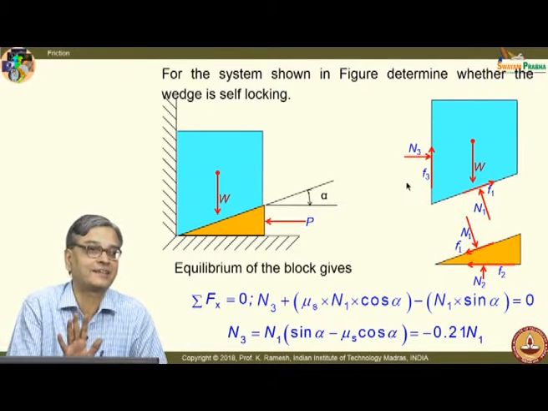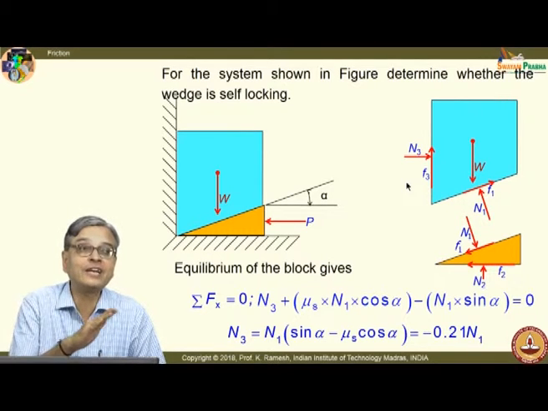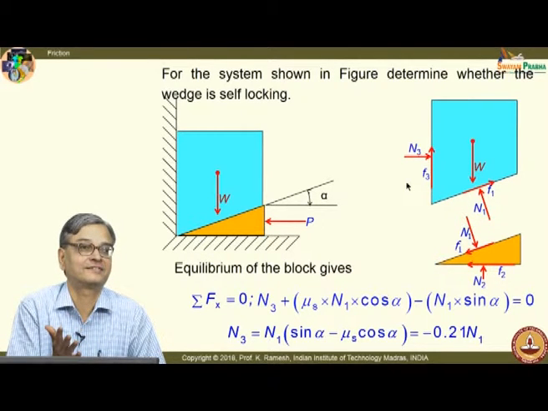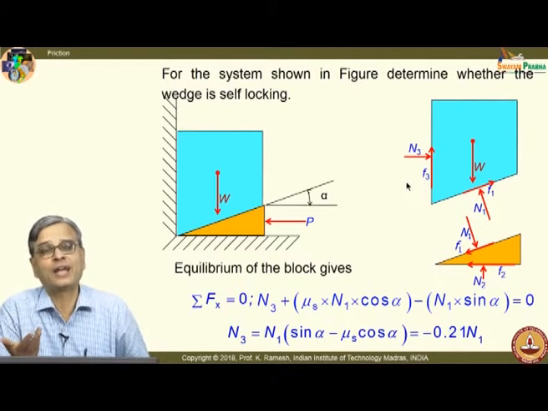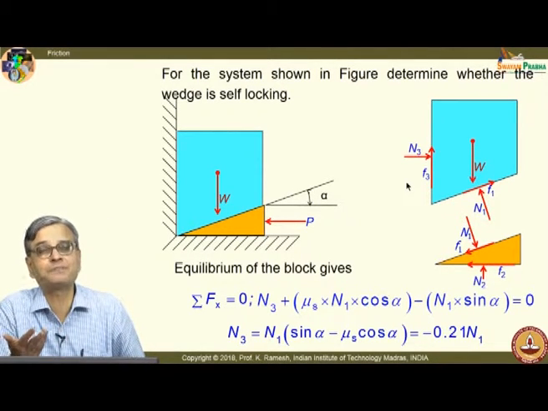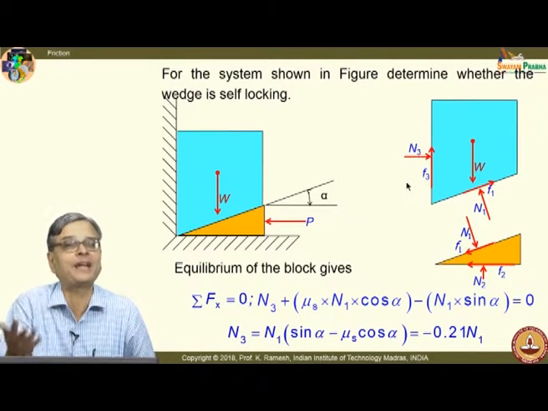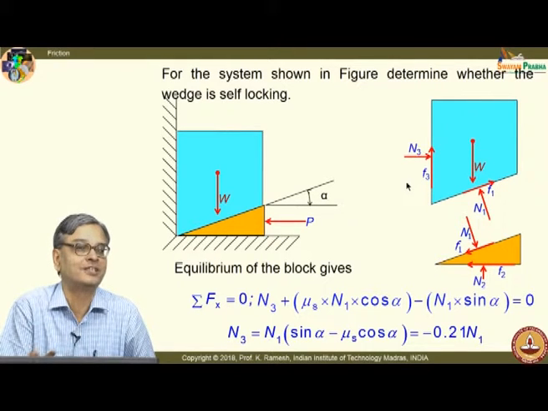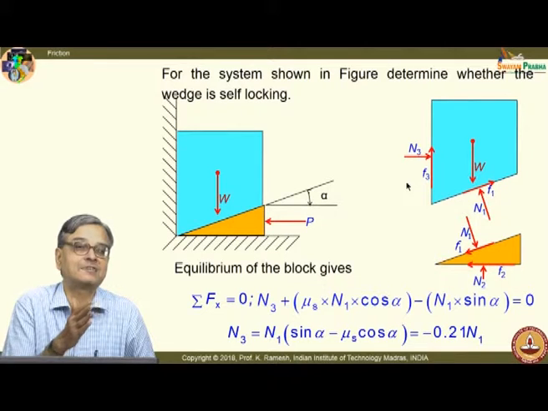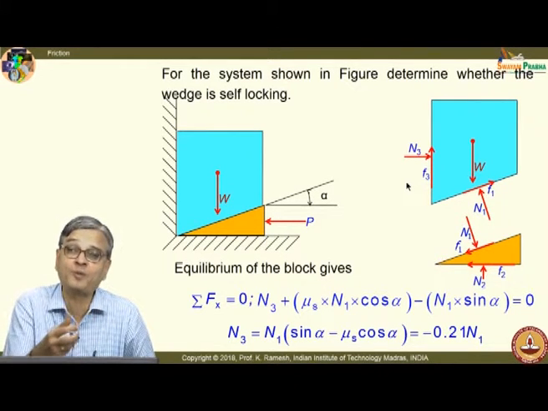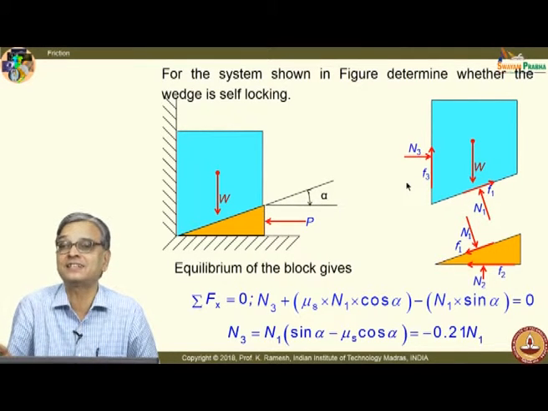Is the idea clear? We solved the same problem with two different frictional directions. And this is one of the reasons that in many mechanical applications, people simply write frictional forces as mu times N, because many of them operate at the condition of impending motion. Only while you learn the frictional concepts in the initial stages, you coin problems where deliberately on some surfaces there is no impending motion, and on some surfaces there is impending motion.